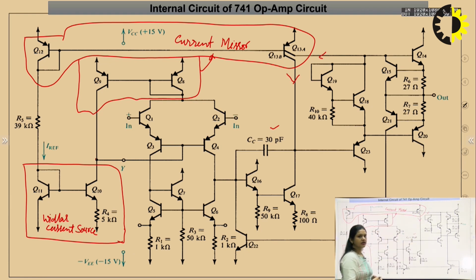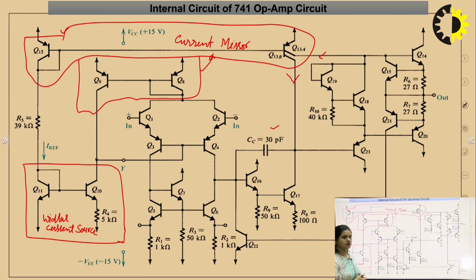One is Q13A. Now in this circuit, the circuit shown in the red color box represents the biasing circuits. In the complete circuit diagram, whatever I have circled in red is known as biasing circuits.